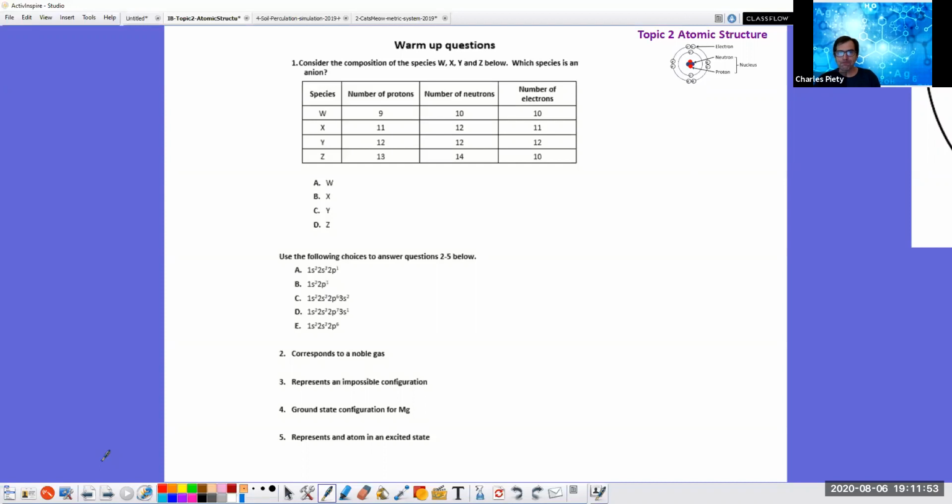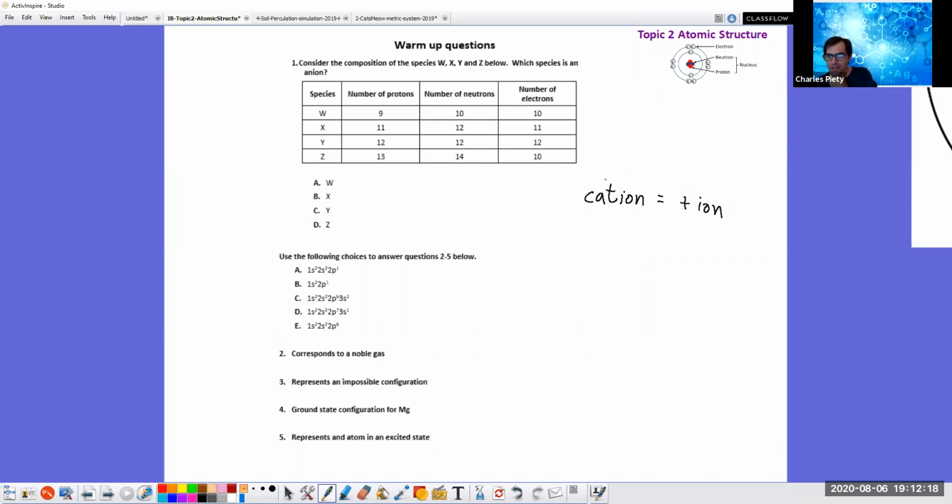Okay. All right, so here are some warm-up questions. Consider the composition of the species W, X, Y, and Z below. Which species is an anion? Well, a cation is a positively charged ion.